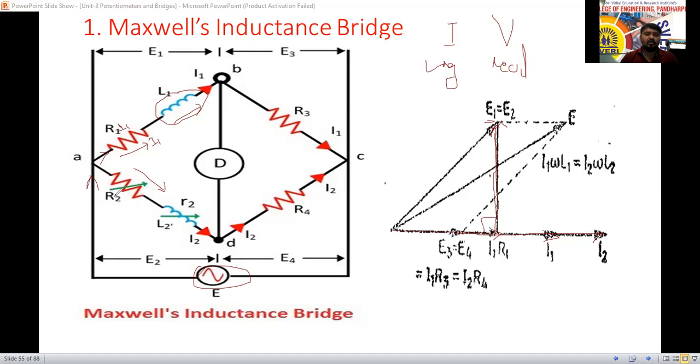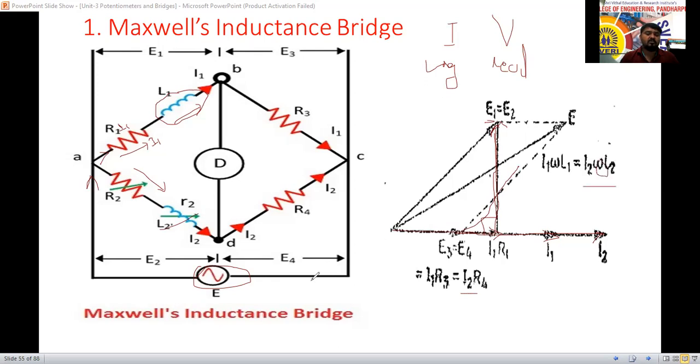Then similarly R2 we call E2, I2 R2. This is also pure resistance, so I2 R2 comes here only. And here it has some resistance and inductance combination, so for that reason the angle changes, shown on the dotted line, that is I2 omega L2.